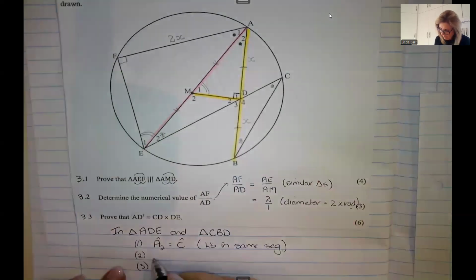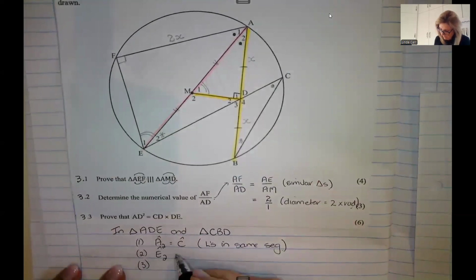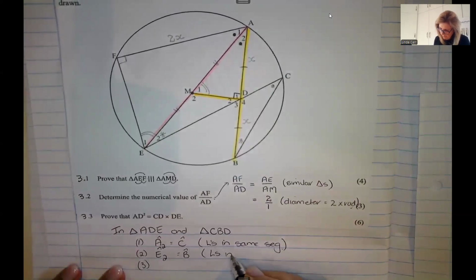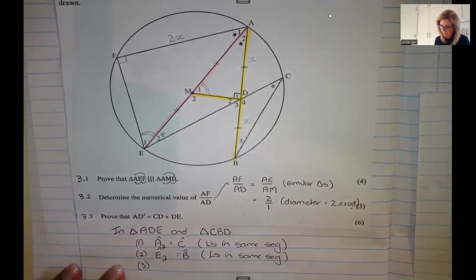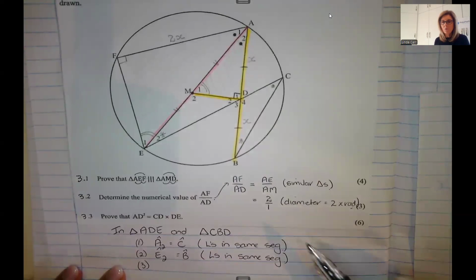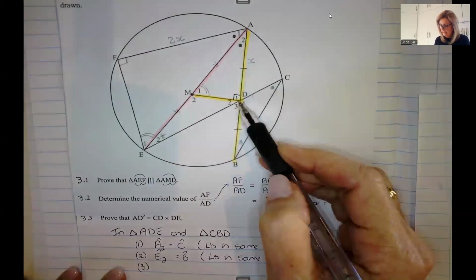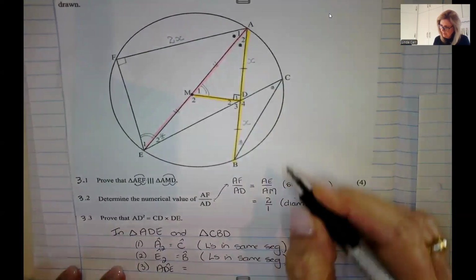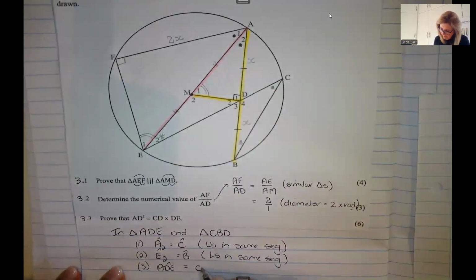So E2 is equal to B, also angles in same segment. And therefore, angle ADE is indeed equal to CDB.